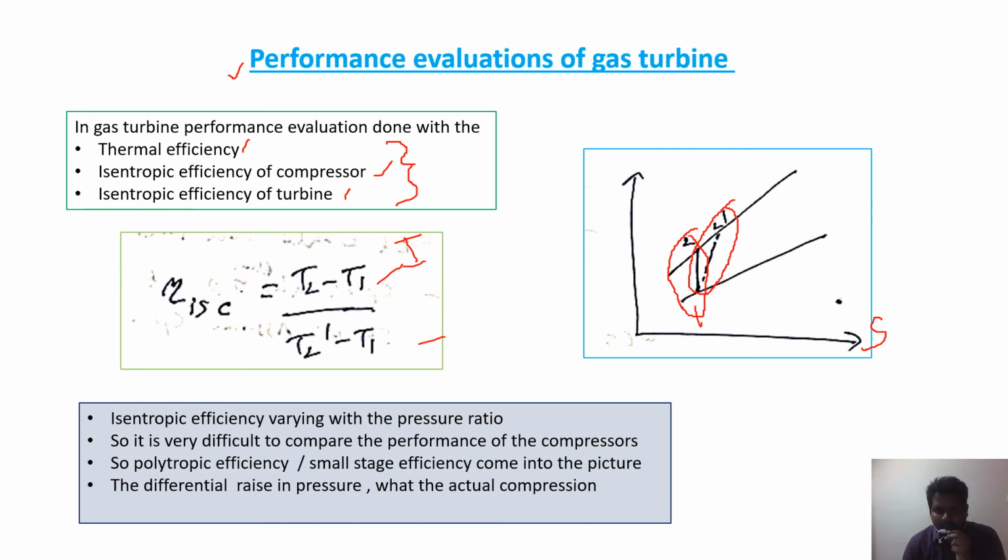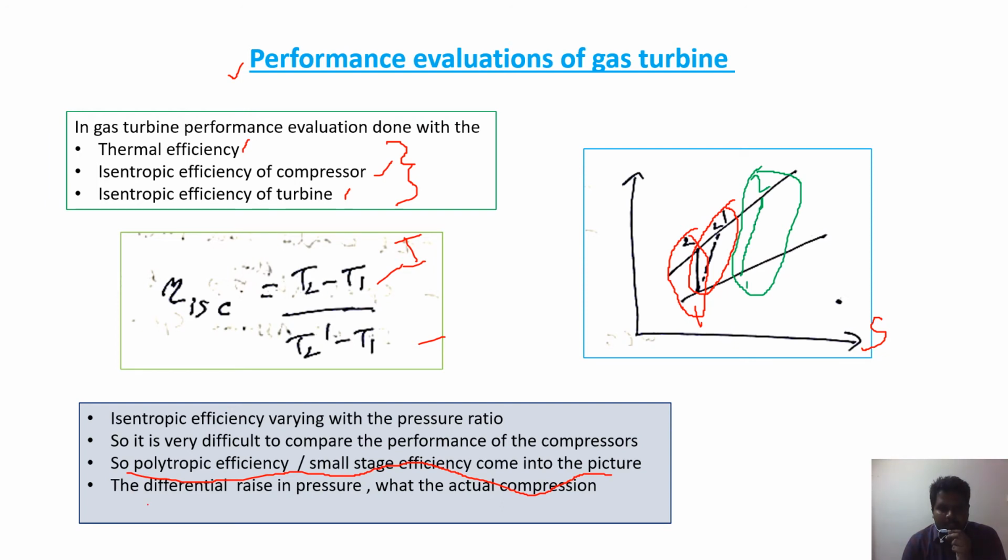For example, if the line is like this, here again the pressure ratio will be different. So it is very difficult to compare the performance of the compressors. For this, polytropic efficiency or small stage efficiency comes into the picture.